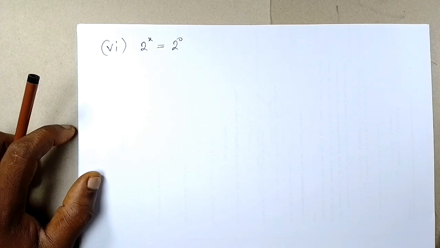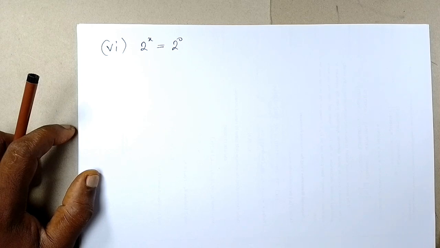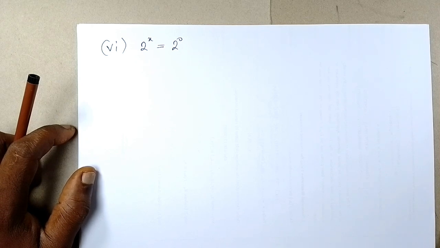Let's just take this problem for instance. How do you solve indicial equations? The simple truth in solving indicial equations is to reduce both sides to the same base. Reduce both sides of an indicial equation to the same base and equate their powers.